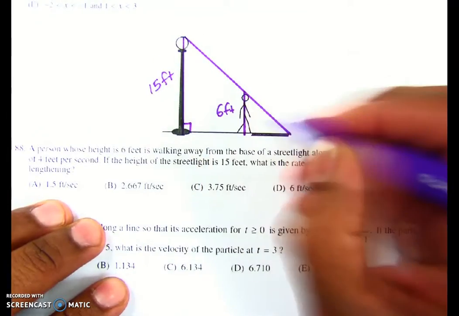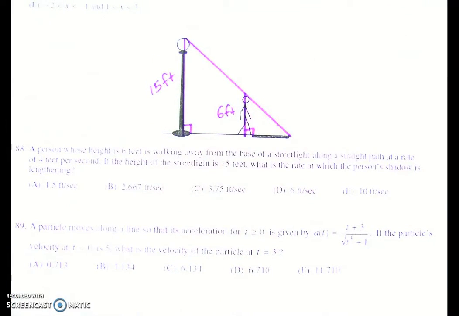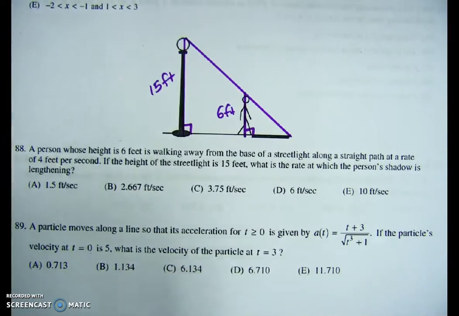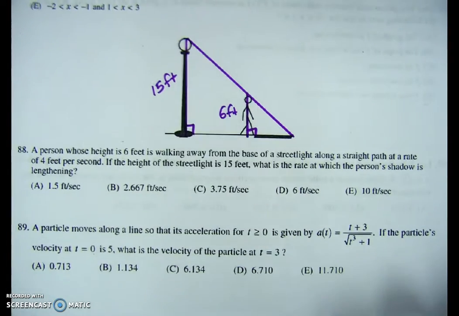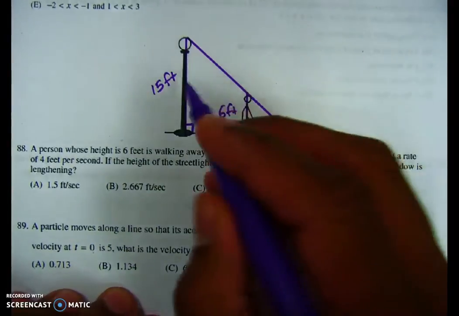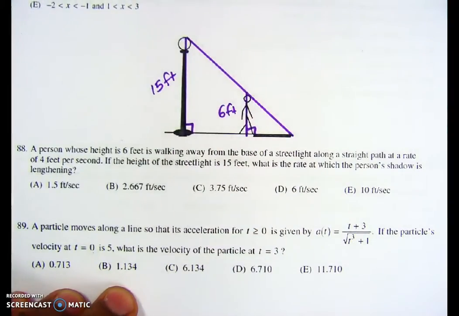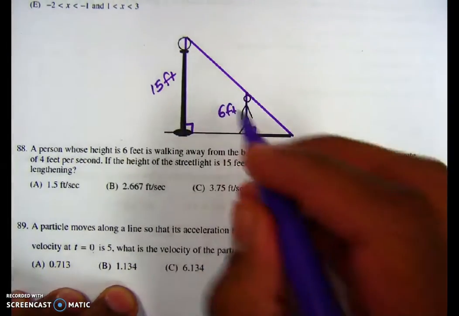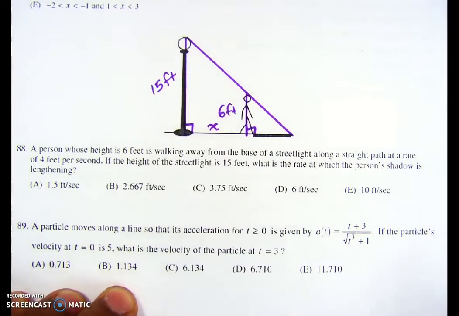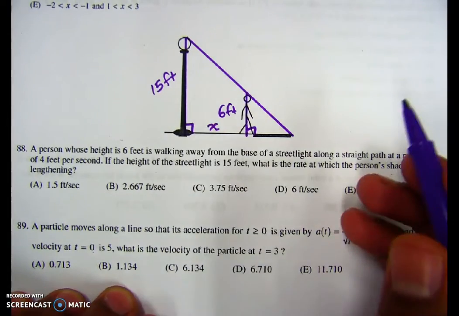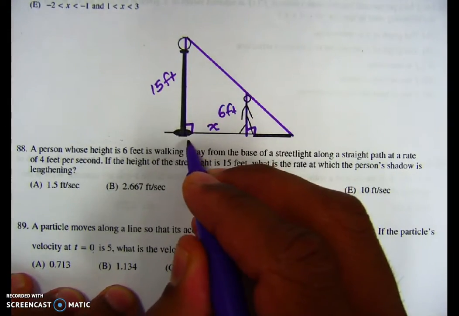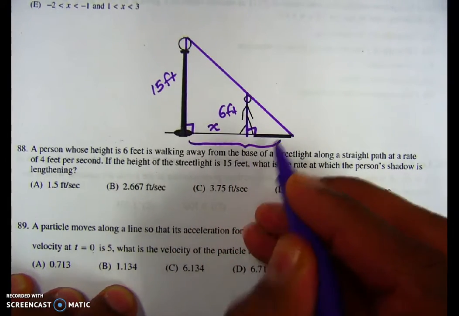And these are two right triangles. Okay? So this is 15, this is 6. Now this is going to be x. The entire thing is going to be y.